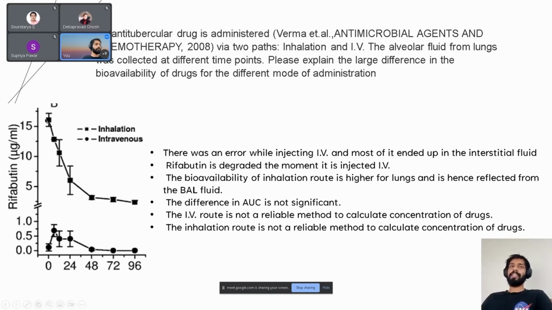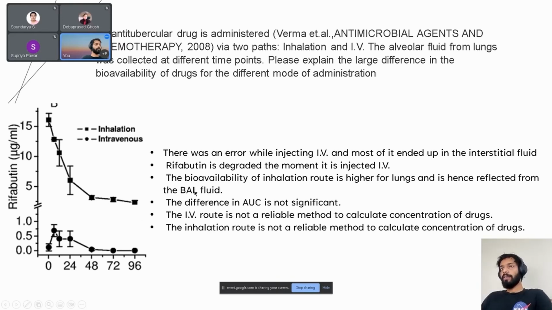So what they're saying is they've administered this rifabutin drug either through inhalation or IV, and they observed this very drastic difference in the bioavailability. So they're asking why there's such a huge difference.